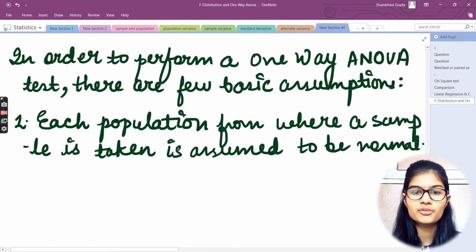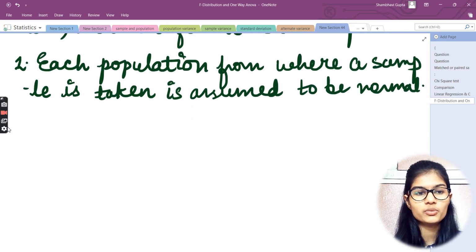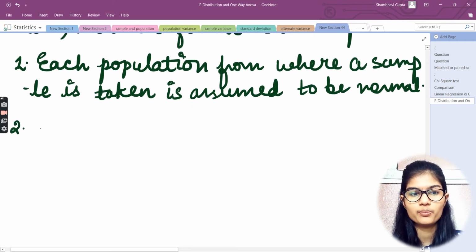Okay, so each population from where a sample is taken is assumed to be normal. Fine. Now moving towards the next, we have the second point.